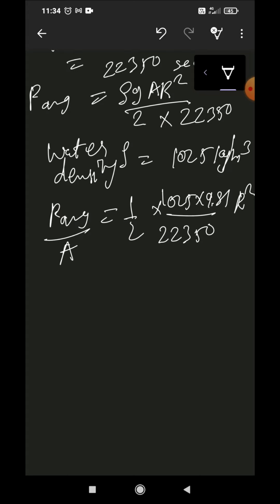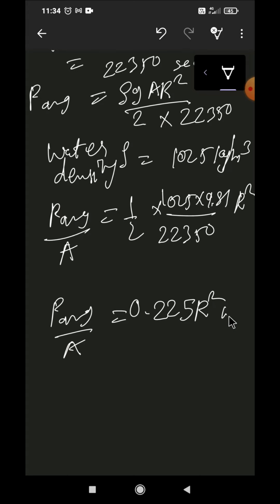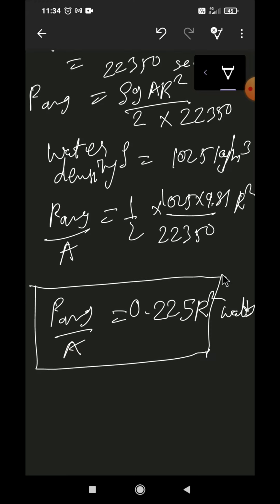So P average upon area A will be equal to 0.225 R square watts. So the average power directly depends on R square, and 0.225 is the constant.